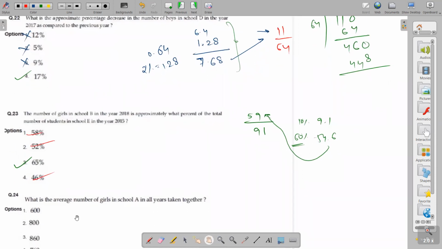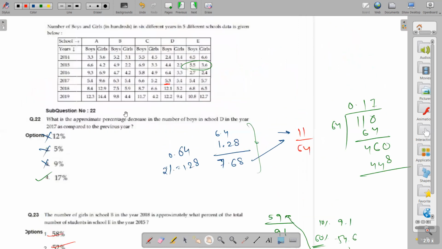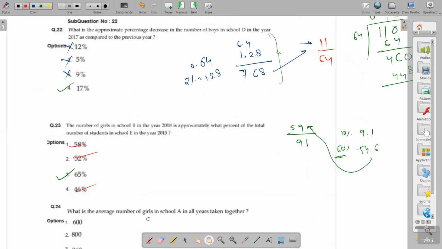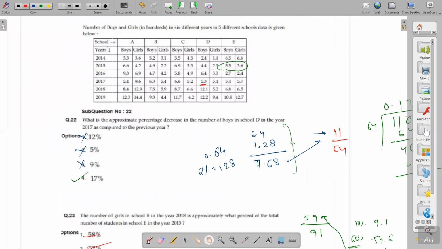The next question. What is the average of the number of girls in school A in all the years taken together? School A. So we have to add these values. Let's add over here only. 6, 8, 9 plus 8, 17, 17 plus 6, 23, 23 plus 9 is 32, 32 plus 4 is 36, 3 carry, 3, 3, 6, 10, 16, 25, 25, 27, 27 and 4, 31, 3, 51.6.